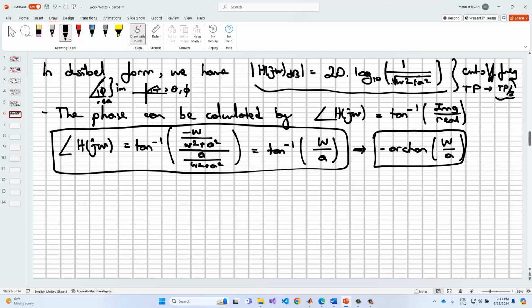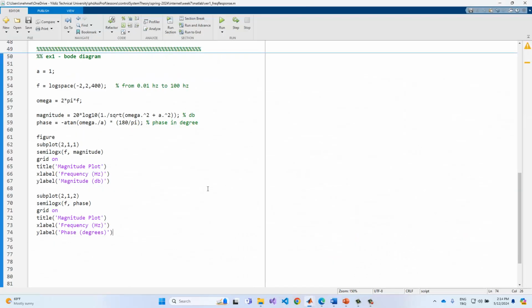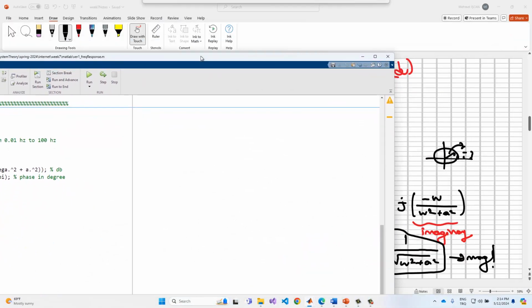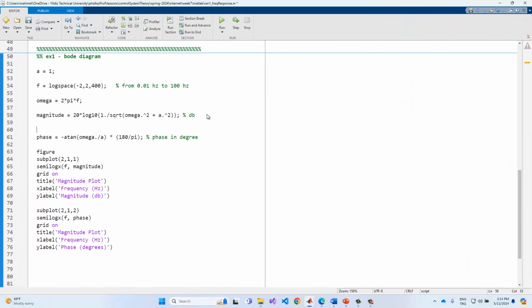But just see that in order to analyze the transfer function in here, we can change the decibel form with these terms. This transfer function, 1 divided by the magnitude, can be rewritten in here, just like this one. And so, if we calculate this one, this is the magnitude right now.